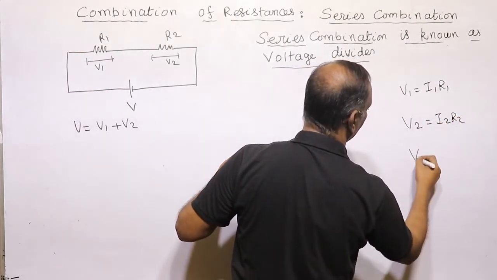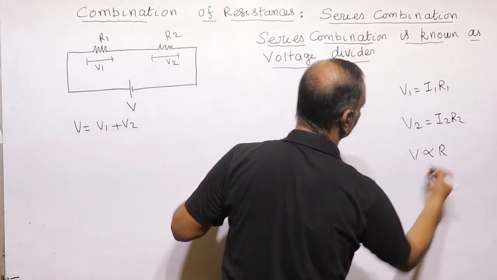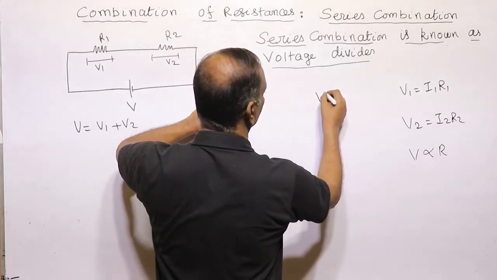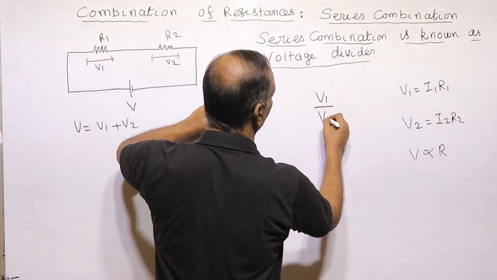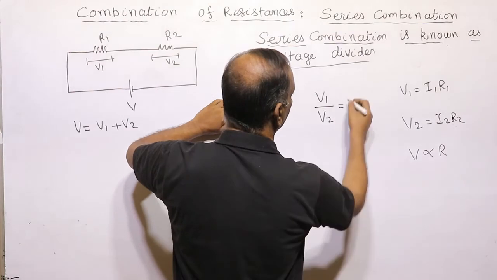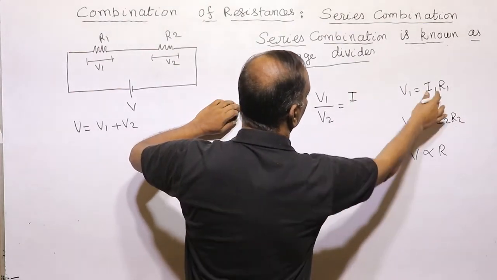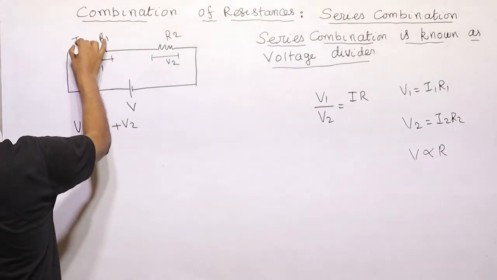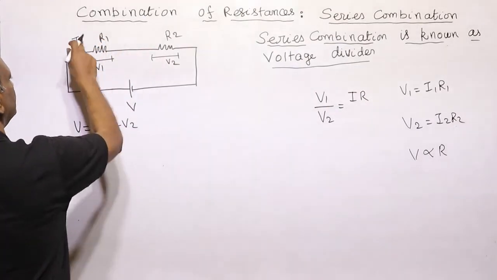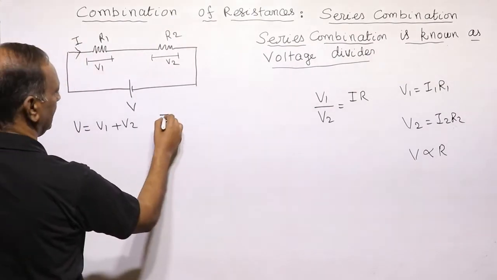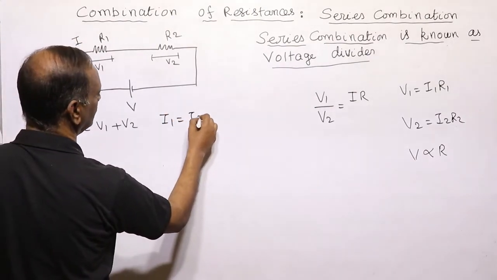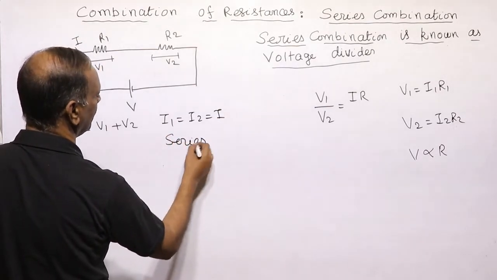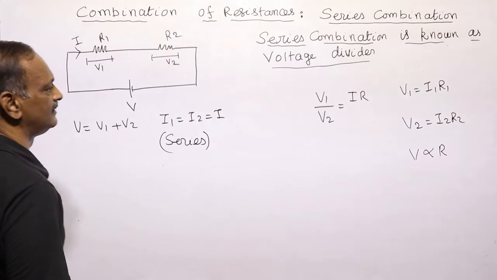R2, or V is proportional to R. This we have already seen. Now let us see V1 divided by V2. V1 divided by V2 is equal to I1 R1 by I2 R2. In a series circuit the current is the same, that is I1 is equal to I2 is equal to I for a series combination of resistors.